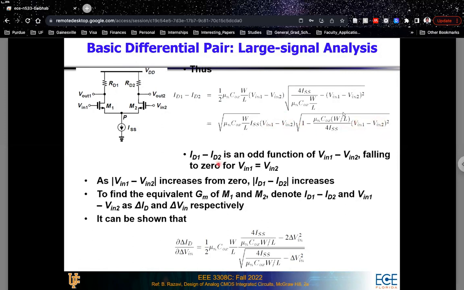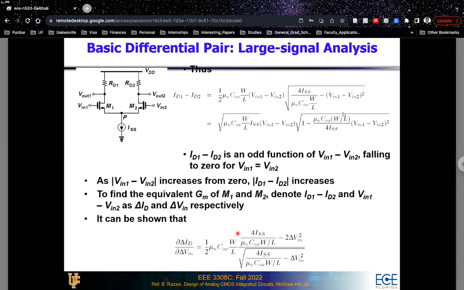So ID1 minus ID2 becomes an odd function of V1 minus V2, but it will fall to 0 if V1 is equal to V2. So if V1 is equal to V2, this term will become 0, which means your ID1 minus ID2 will be equal to 0. But as V1 minus V2 increases, your ID1 minus ID2 also increases.